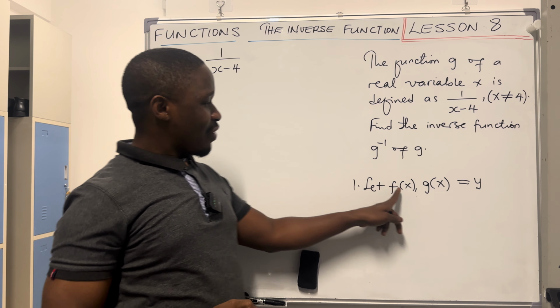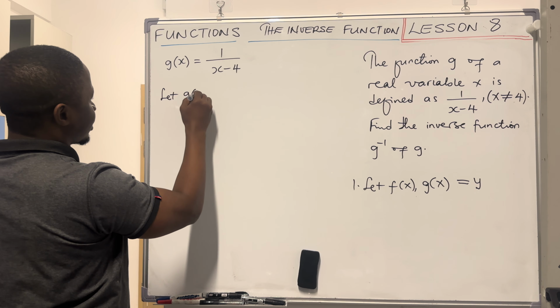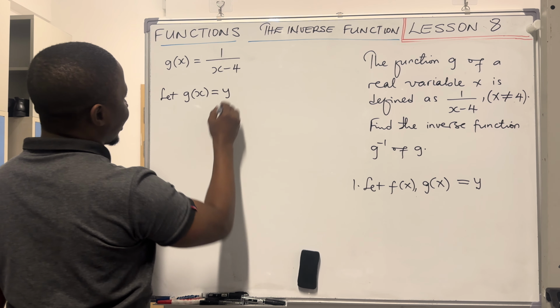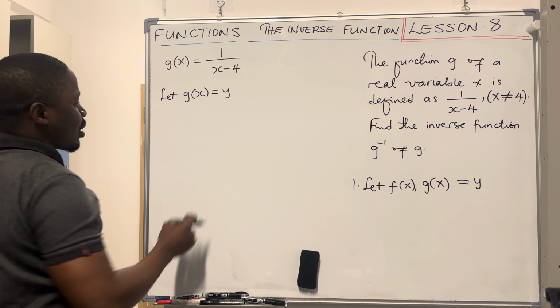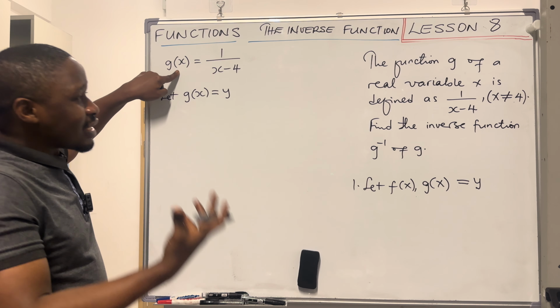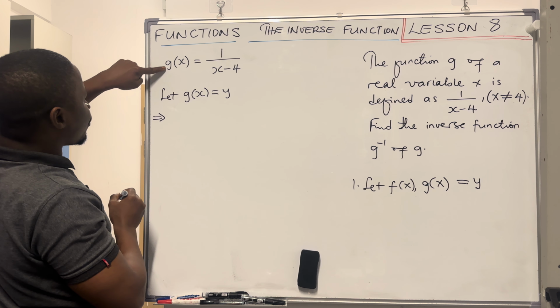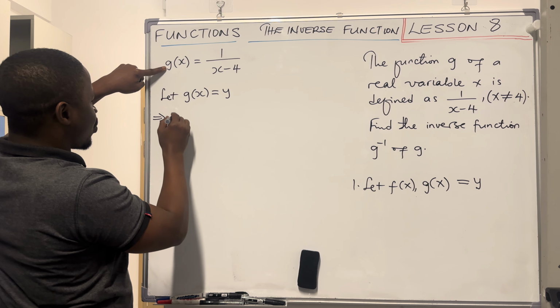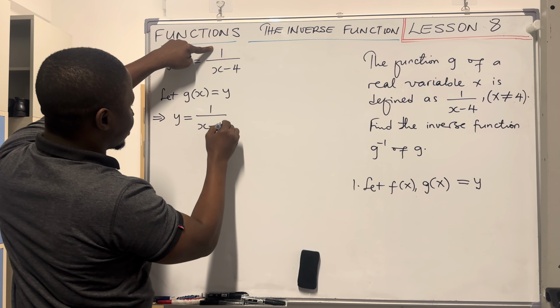We are not given f of x, we are given g. So we say let g of x equal to y. So instead of g of x, we use y. We say y is equal to 1 over x minus 4.